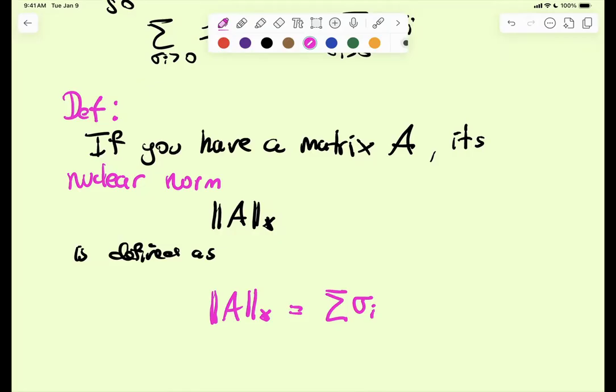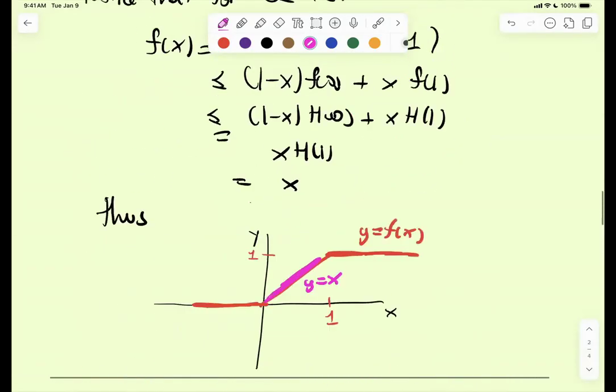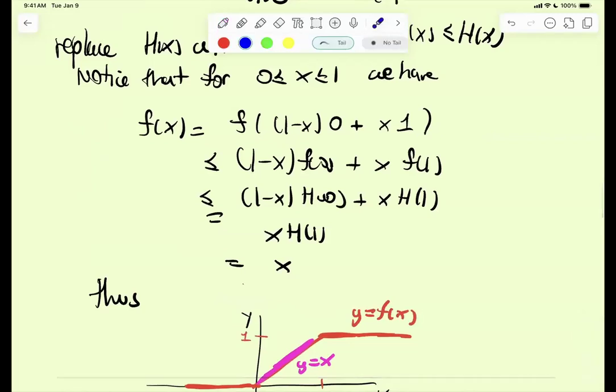Oh, the thing is, what I was trying to show here is that if you had any convex function, it has to be less or equal to x. So any convex function is always less or equal to the identity. The convexification is the largest possible convex function that's underneath the function you start with.